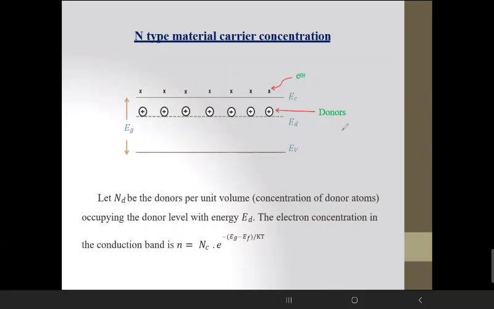Now we need to find the conduction electrons and conduction holes, that is, the concentration of electrons and the concentration of holes.